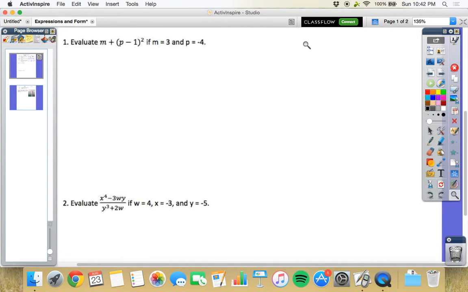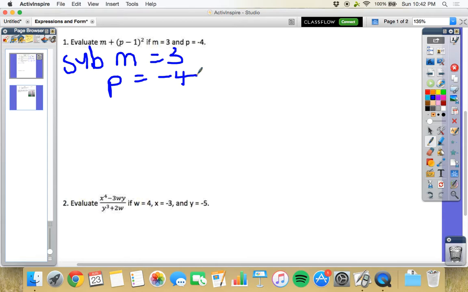An easier one is: evaluate m plus p minus 1 squared, if m equals 3 and p equals negative 4. We'll start by just substituting m equals 3 and p equals negative 4.